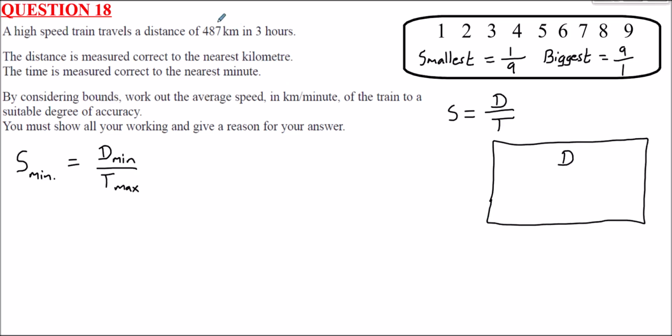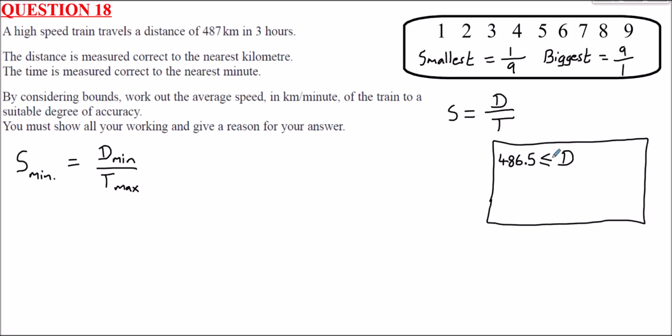So what's the smallest distance it could have actually been before it was rounded to 487? Well, the smallest distance it could have been would have been 486.5. Anything less than 486.5, it would have rounded down to 486. So the lower bound for the distance is 486.5.